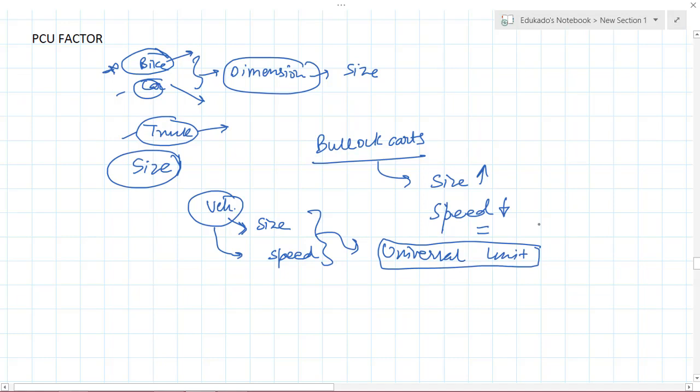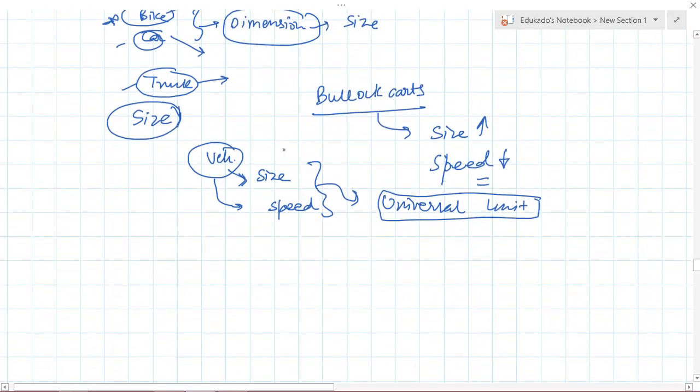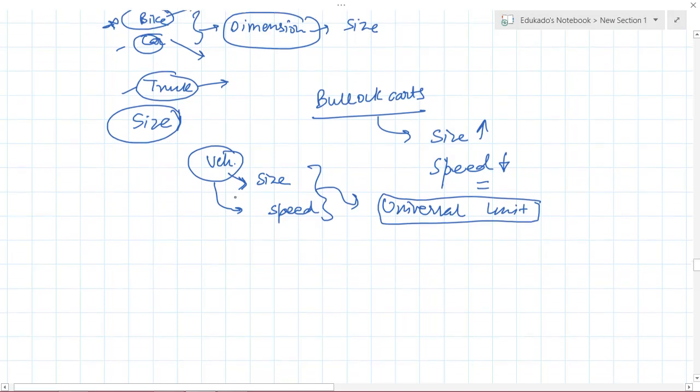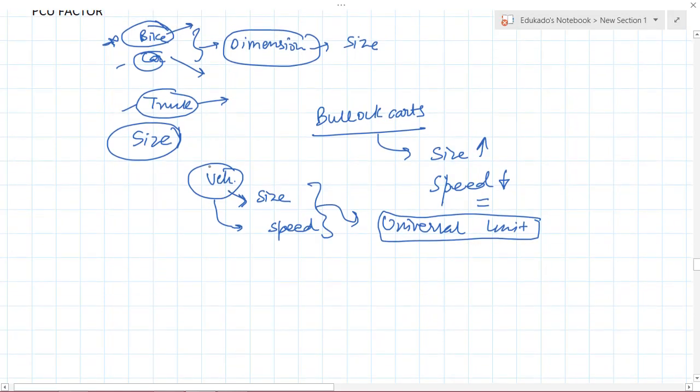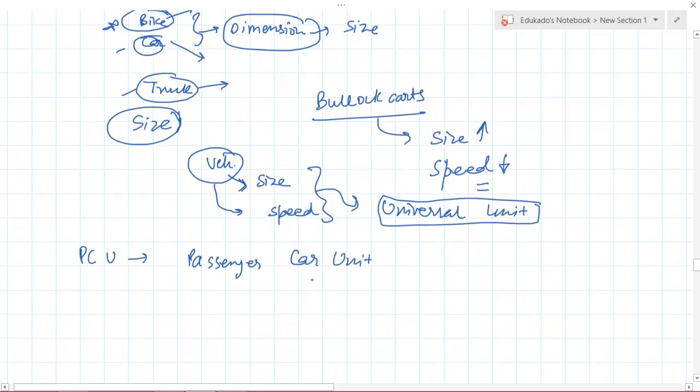If I convert all the vehicles into some single homogeneous unit, then that homogeneous unit is what we call the PCU factor. PCU stands for passenger car unit.